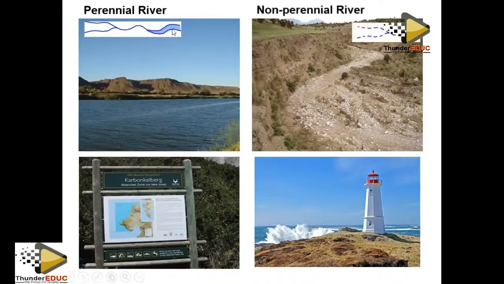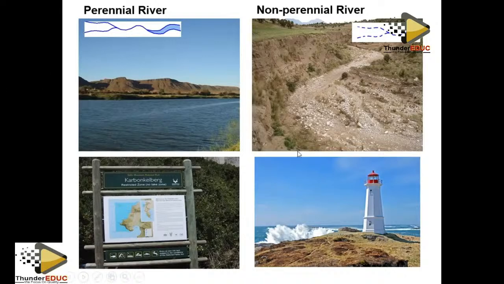What about a non-perennial, the river that is seasonal, that only flows after heavy rainfall, meaning that the water table is below the riverbed except during the rainy season. Okay, so it can easily have access to water after it has rained. How is it shown on a map?